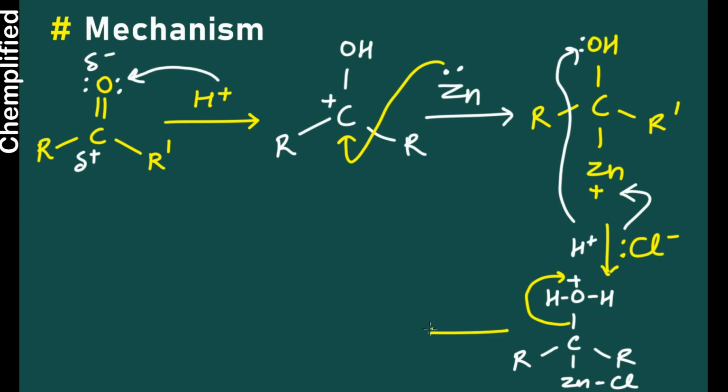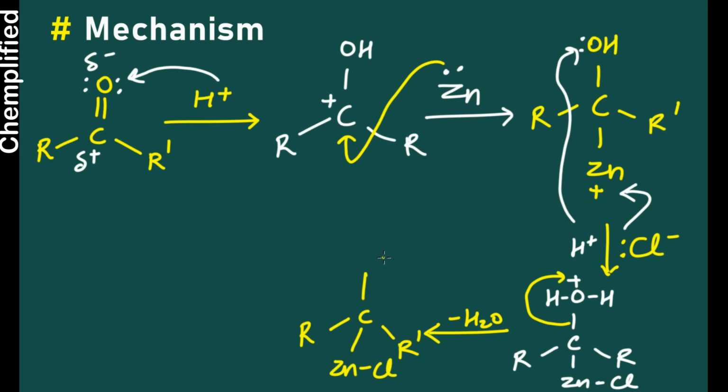So in the next step, what will happen? H2O will be removed, and you will get R, C, R dash, ZnCl.